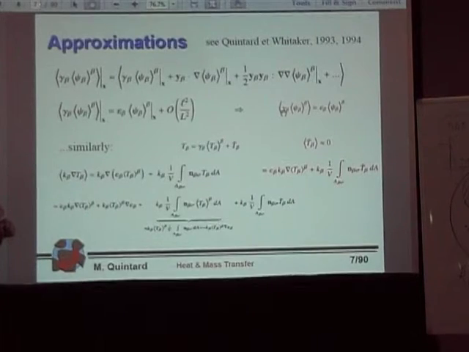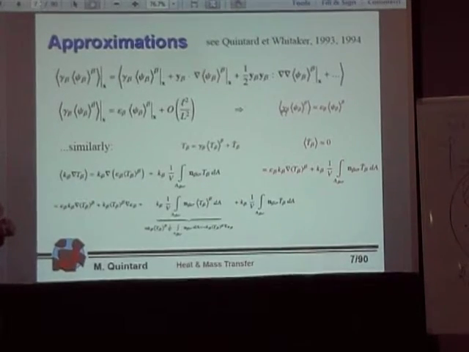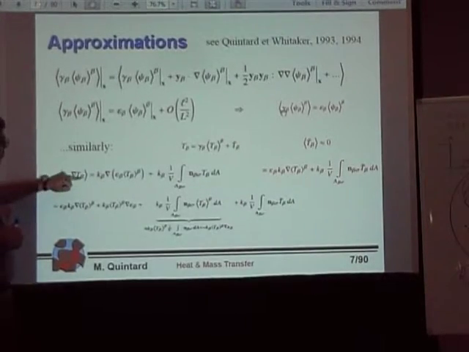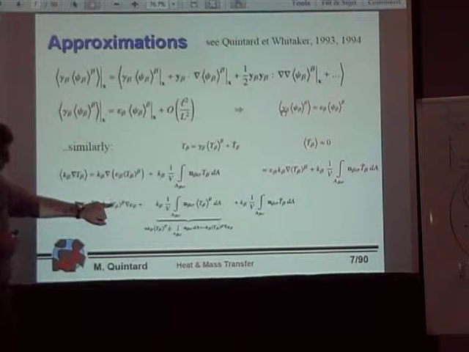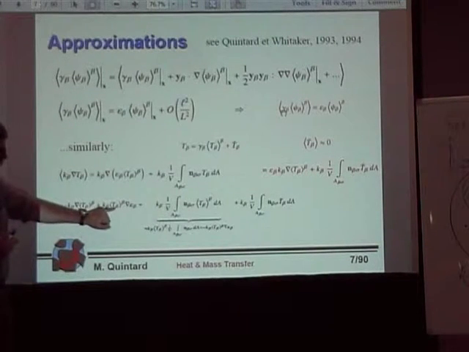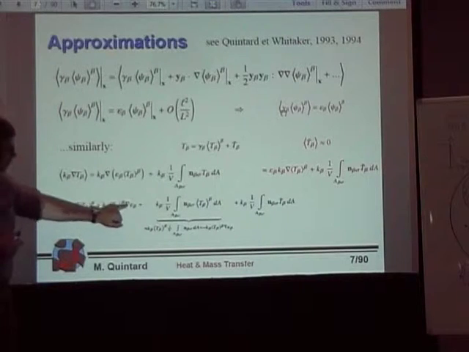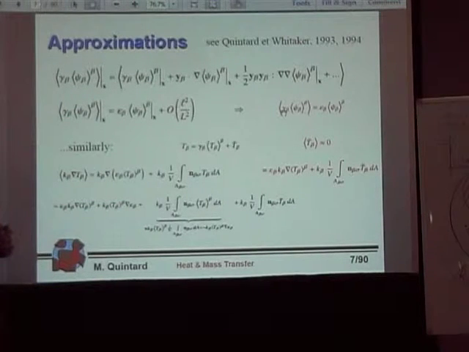I will use that also in the second part of the course, which is the average of a gradient. The average of a gradient is what Pierre introduced for the pressure. So this is epsilon times grad plus the grad of the pressure, the intrinsic pressure, times the grad of the porosity.